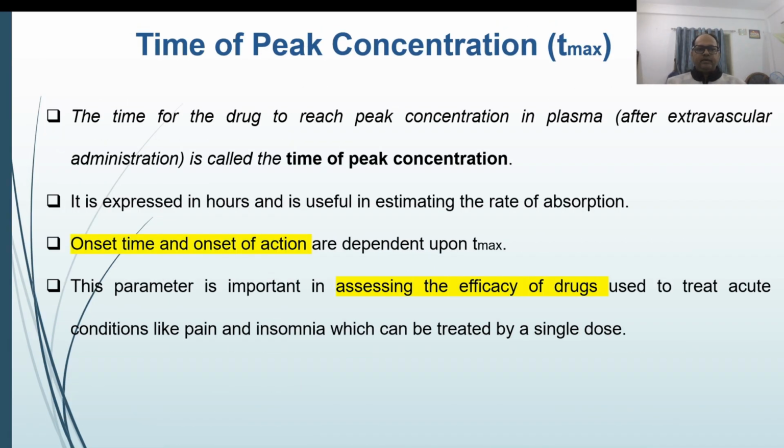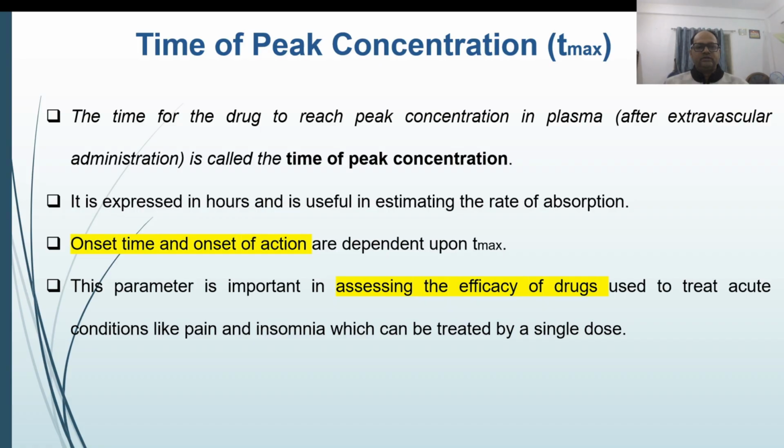Coming to next parameter, that is time of peak concentration, that is Tmax. The time for the drug to reach peak concentration in plasma after extravascular administration is called as time of peak concentration. It is expressed in hours and is useful in estimating the rate of absorption.